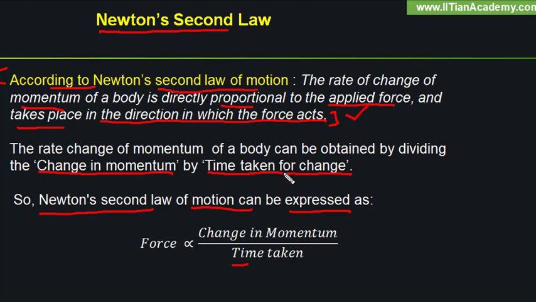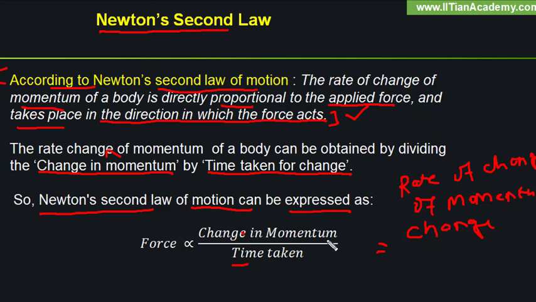Now I will explain it. First let's put this into a mathematical formula. What we are saying is, the rate of change of momentum. What is the rate of change of momentum? It's the change in momentum divided by time taken.